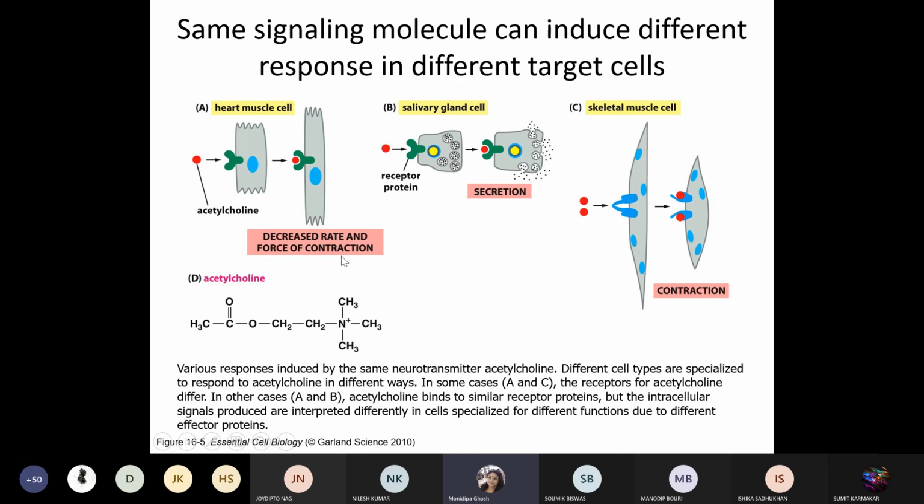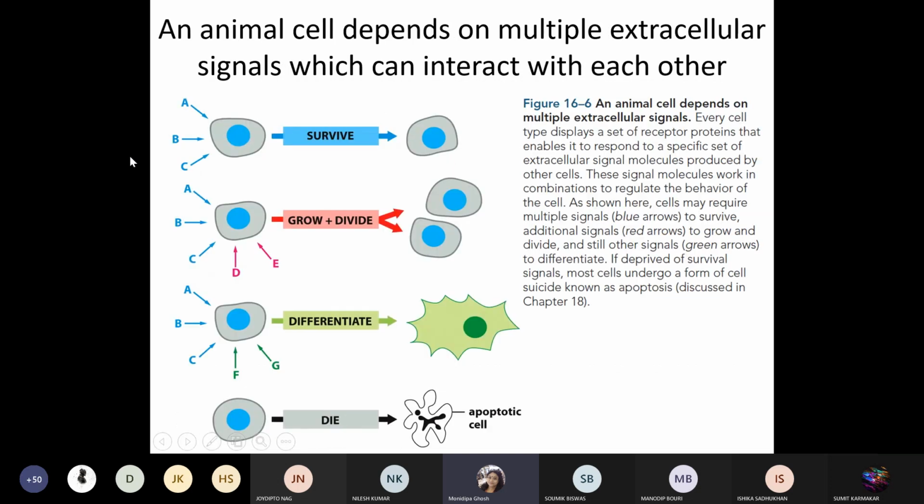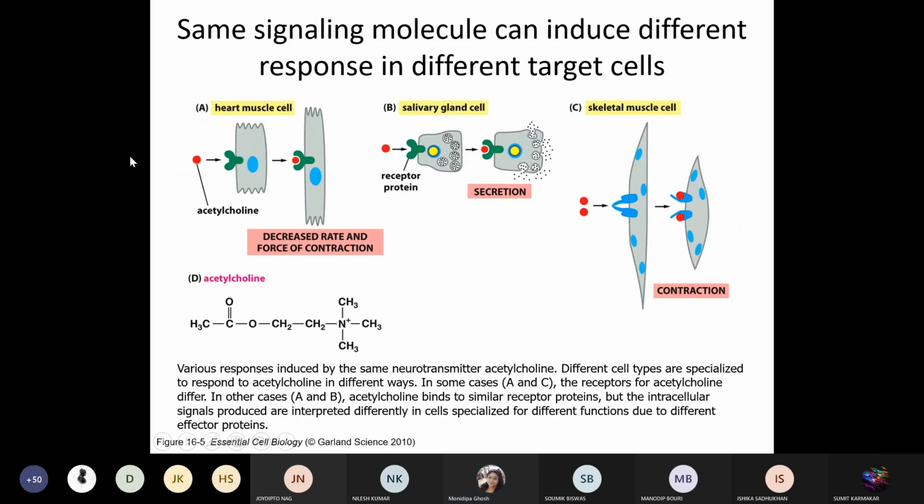It means the contraction and expansion of heart muscle is regulated by this chemical called acetylcholine. But the same acetylcholine may act differently. In the case of the salivary gland, the receptor recognizes the same acetylcholine and triggers the salivary gland cells to secrete saliva. They won't contract or expand like heart muscle, but they will release some secretion.